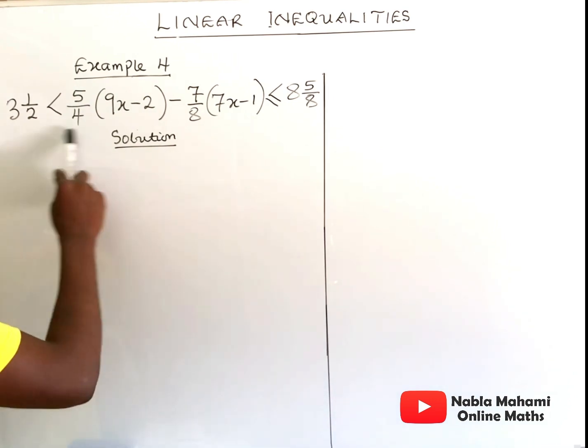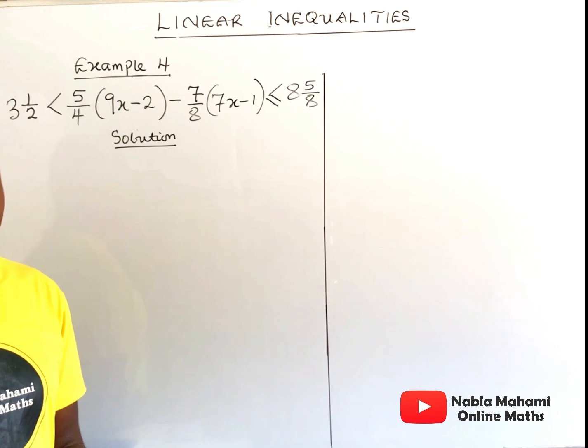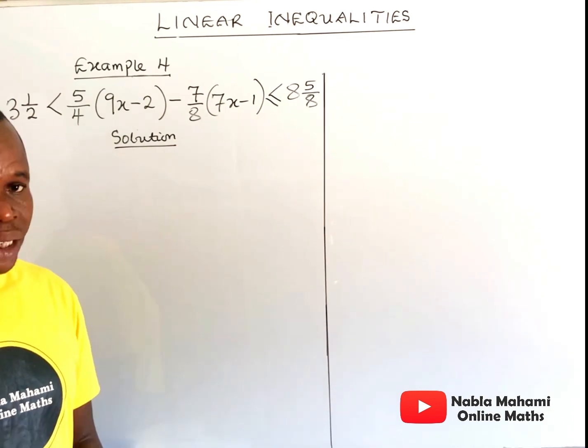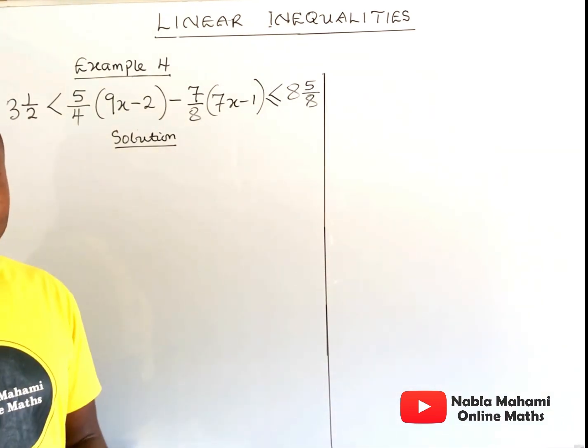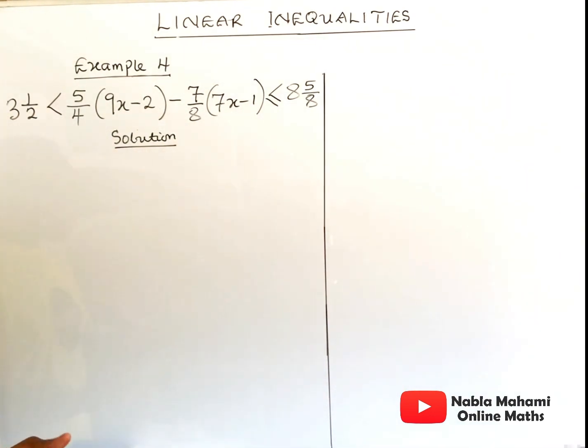So now, the first thing that you will do is convert the mixed fractions into improper fractions. That is the first step for this particular question. So you see that 3 whole number 1 over 2, I have to convert it to an improper fraction. And to convert a mixed number into an improper fraction, take the whole number, multiply by the denominator, and then add the numerator. After that, you divide by the denominator.